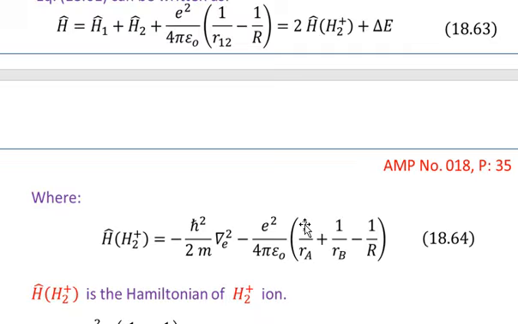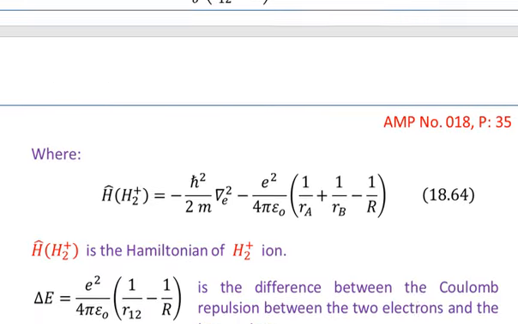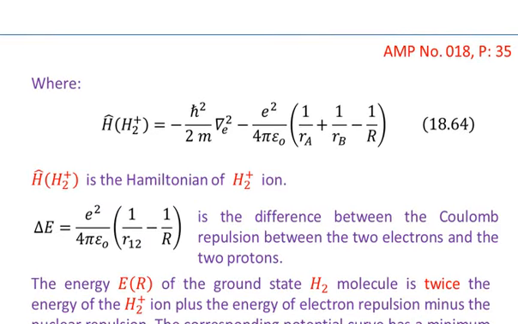So the electron has been referenced with respect to nucleus A and with respect to nucleus B, and there is also a repulsive force, and a separation between the two nuclei, which is capital R. So H hat is the Hamiltonian operator for the hydrogen molecule ion.